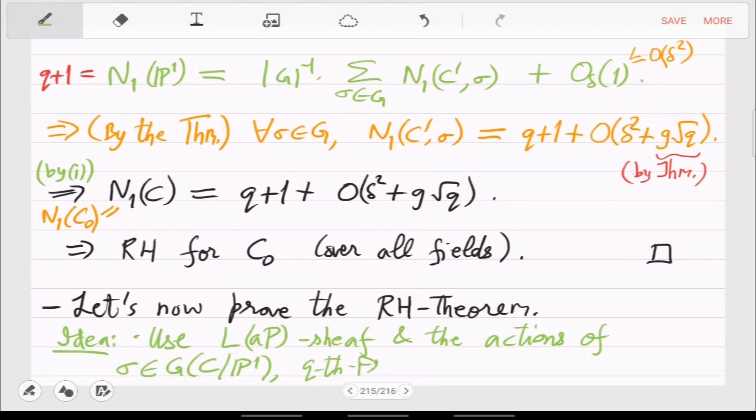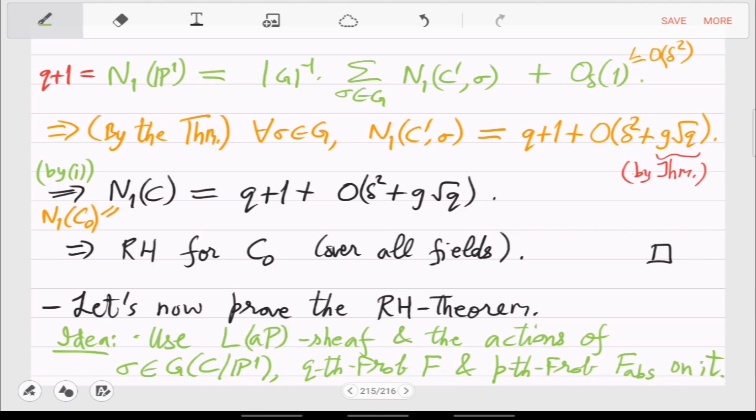Qth Frobenius, F, and Pth Frobenius, which we'll call F absolute, on this sheaf. So we'll use this L where we are essentially defining where the pole is and what the multiplicity can be.